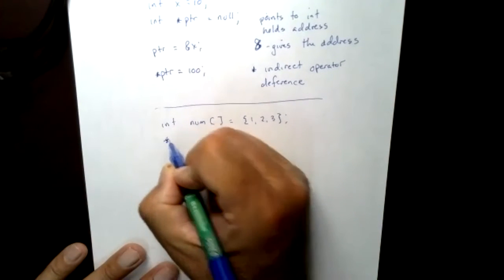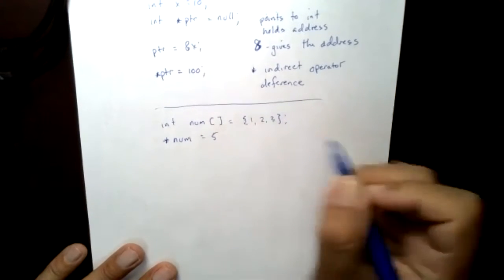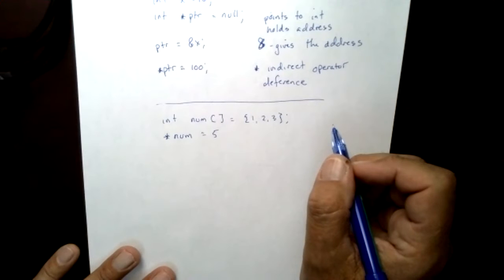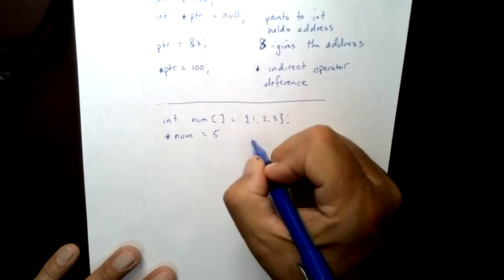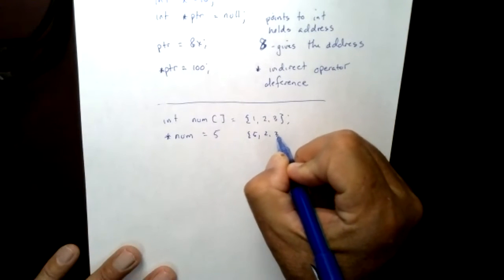What if I said asterisk num equals 5? What would that do? That would change the first index in the array to 5 instead of 1. Right, that would now be 5, 2, 3.